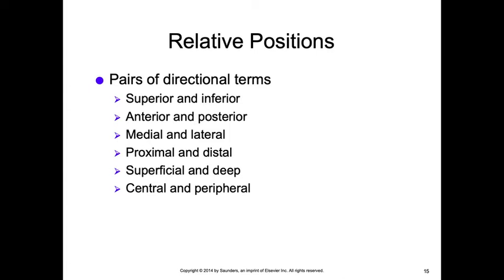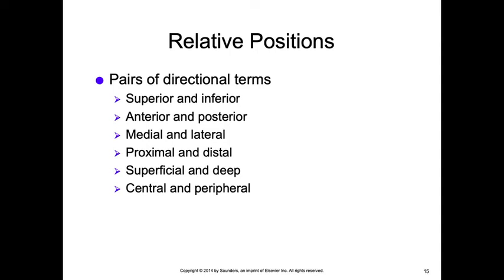Superficial and deep. Superficial meaning closer to the surface, and deep meaning further towards the core, okay? So superficial, an example, your skin is superficial to your skeletal system, and deep, your heart is deep to your rib cage, or to your bony thorax, if you like. And then central and peripheral, right? Central meaning towards the middle of the body, and peripheral meaning towards the edges.